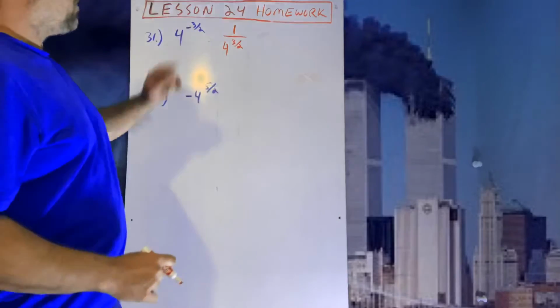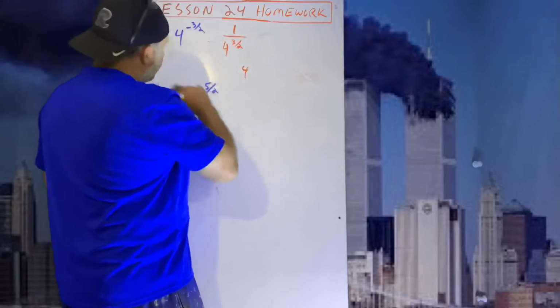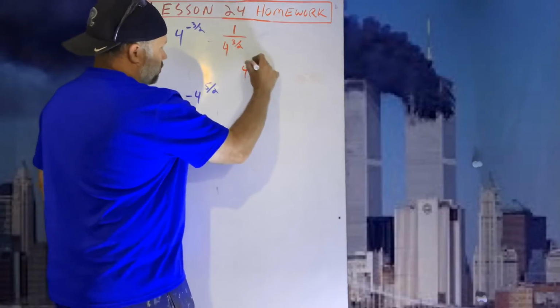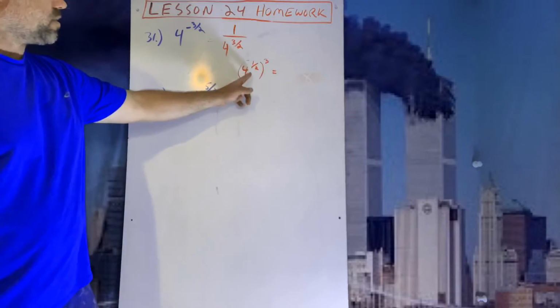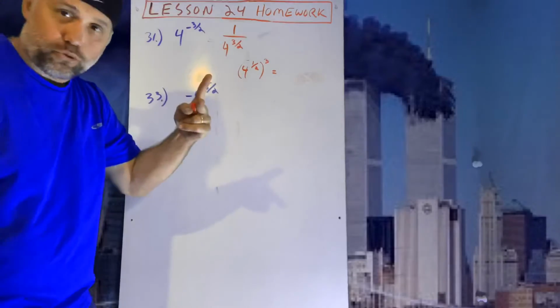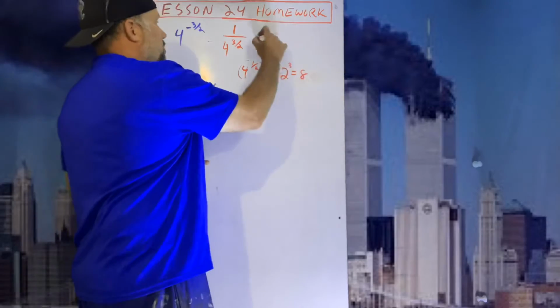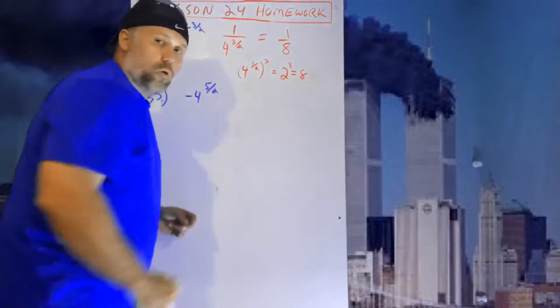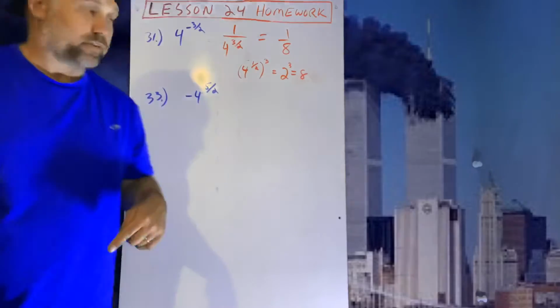So now we just have to figure out what 4 to the 3 halves is. 4 to the 3 halves is the same as 4 to the 1/2 raised to the third. Raising something to the 1/2 power is the same as square rooting it. So the square root of 4 is 2, and then 2 to the third is 8. So this is going to turn into 1 over 8. It's going to be 1 over because of the negative exponent.